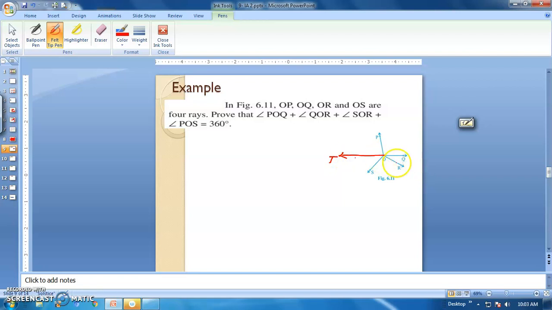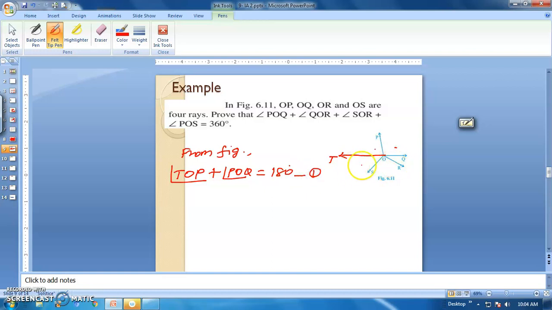So here QT is now a straight line, which is 180 degrees. Now from the figure, after construction, how can we write? Angle TOP plus angle POQ equal to 180 degrees, because it is a straight line. So this angle and this angle equal 180 degrees. Let us take this as equation number 1.